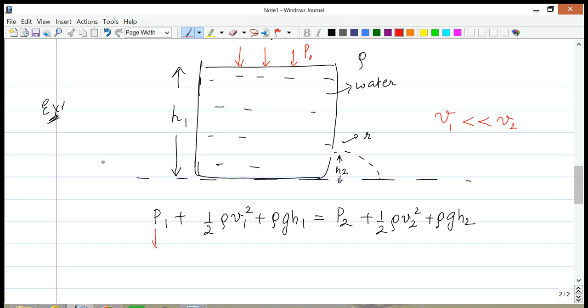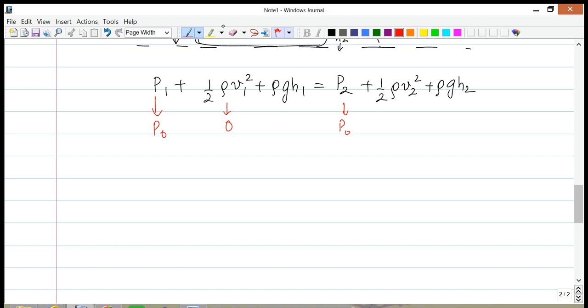So the first term is going to be P0, the second term we're going to say is 0, and the third term of course will stay because the height is h1. On the exit side, once again the pressure is the atmospheric pressure, so this is going to be P0. V2 is what we're trying to find, and we know h2. The main thing here is to realize that V1 is very small compared with V2.